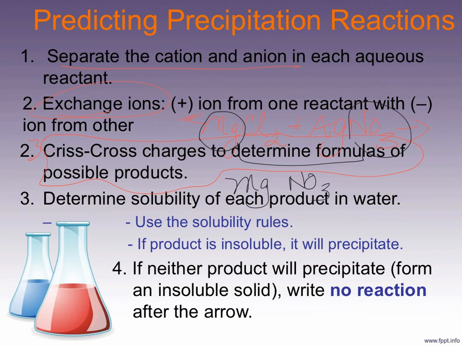In order to know the correct formula of magnesium nitrate, you can't just necessarily put them together in a 1-to-1 ratio because it depends on their charge. Remember, magnesium has a charge of 2+. Nitrate is a polyatomic with a charge of -1. So what is the formula for magnesium nitrate? It is Mg(NO3)2. Okay? So you have to do that for every product you form. You've got to assign charges and crisscross.